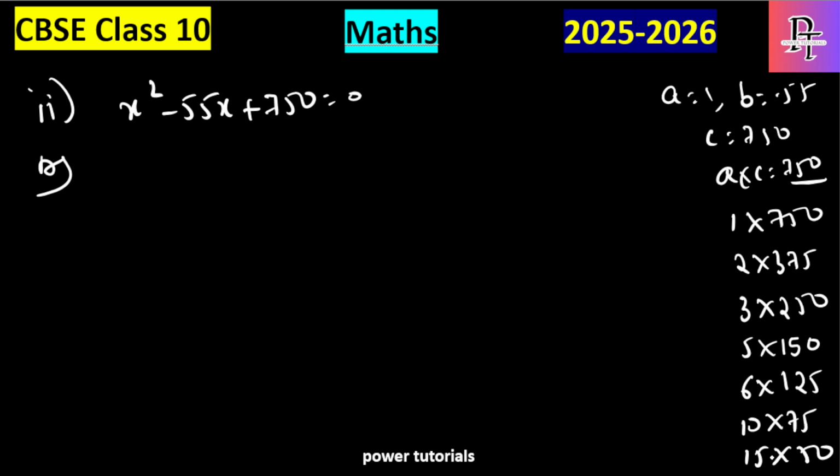Okay, fifteen is done. 16, 17 will not happen. 18 will not happen. 19, 20 will not happen. 20, 21, 22, 23, 25. Okay, next value is 25. 25 3 is 75. Okay, so from here it will again get repeated backside.